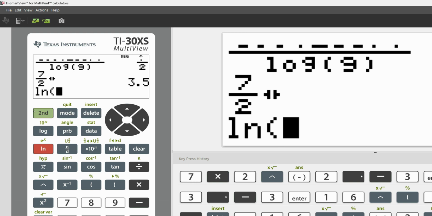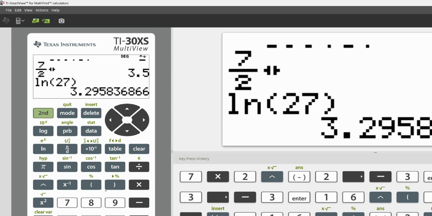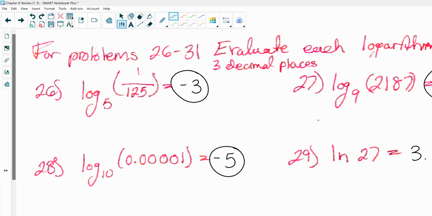Either calculator does have the natural log button. So we can hit ln of 27, which is 3.295836866. It gave us more than 3 decimal places, so we rounded to the 3rd decimal place: 3.296.